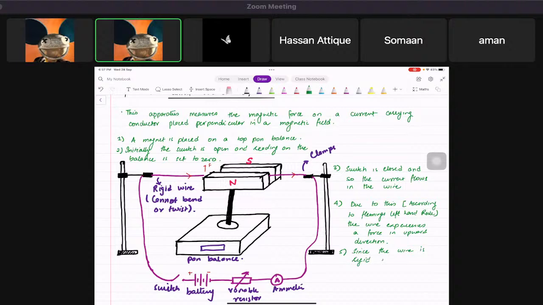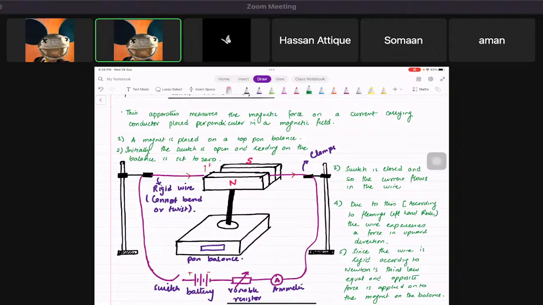Rigid, according to Newton's third law, equal and opposite force is applied onto the magnet on the balance.